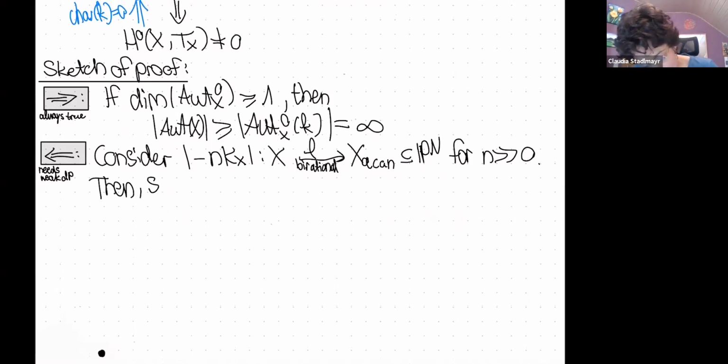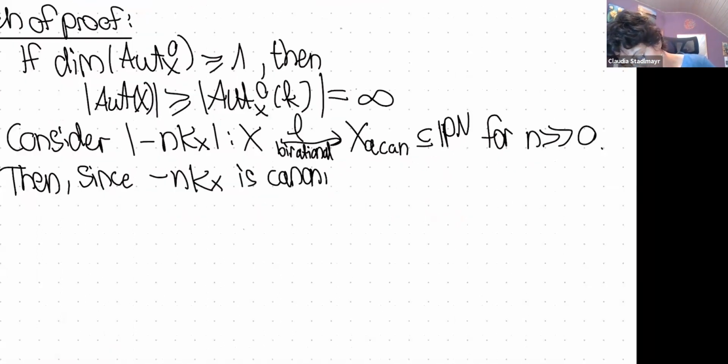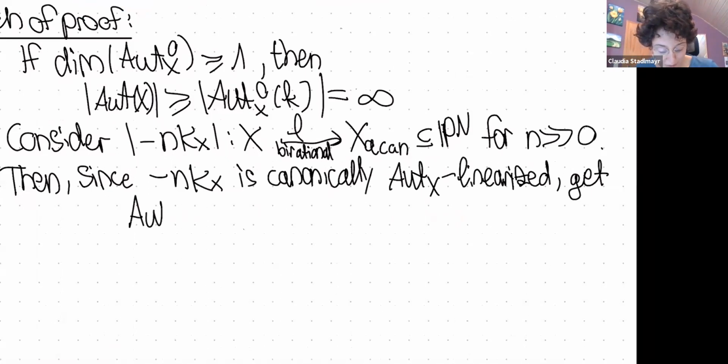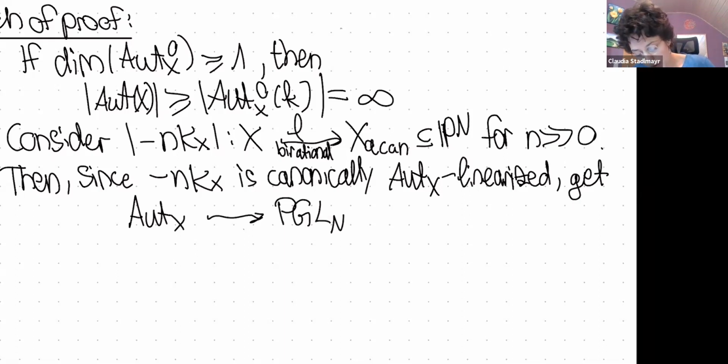So then, since -nK_X is canonically Aut_X-linearized, it's difficult to pronounce, we get a morphism of group schemes from Aut_X to the automorphism scheme of P^N, which is PGL_{N+1}. And this is not only some morphism, it is in fact a closed immersion.